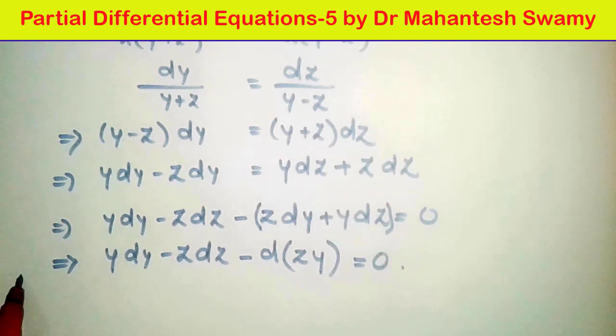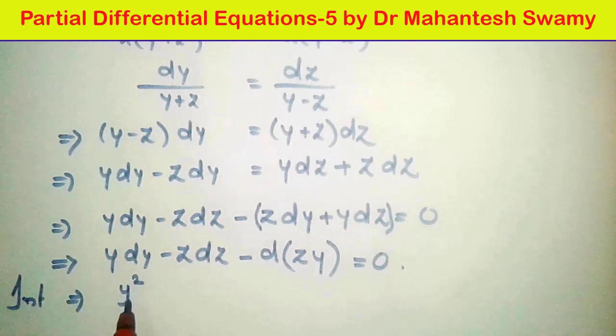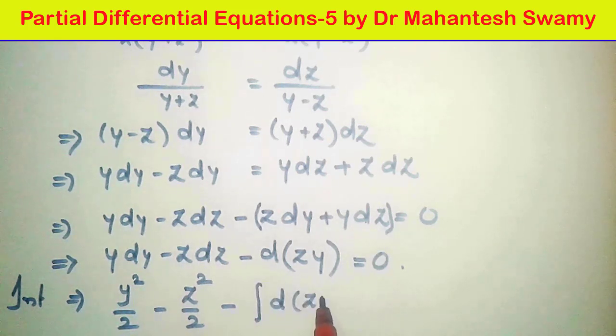And now you can proceed with integration, and when we integrate, integration of y with respect to y is y square by 2 minus integration of z with respect to z is z square by 2 minus, and here integration of differentiation of zy equals 0 plus the constant of integration, we have to take it as some c1.